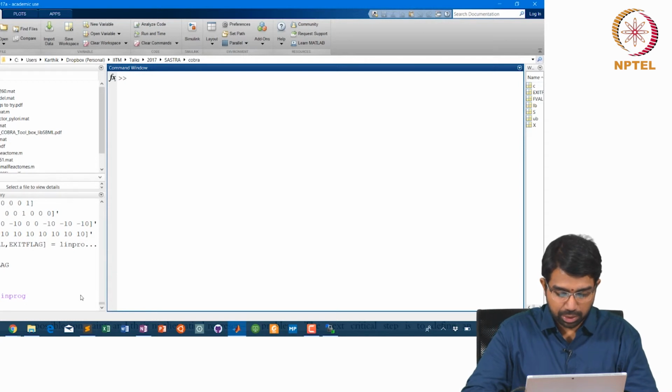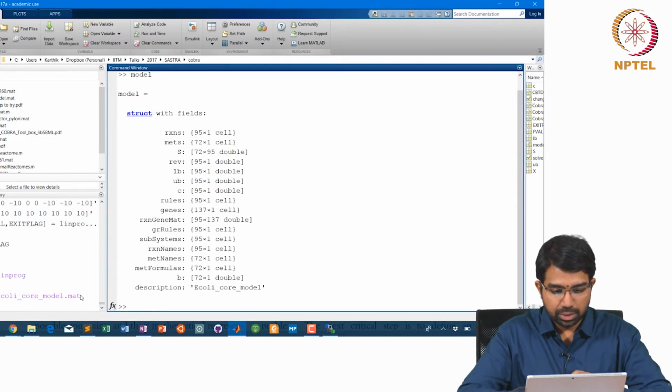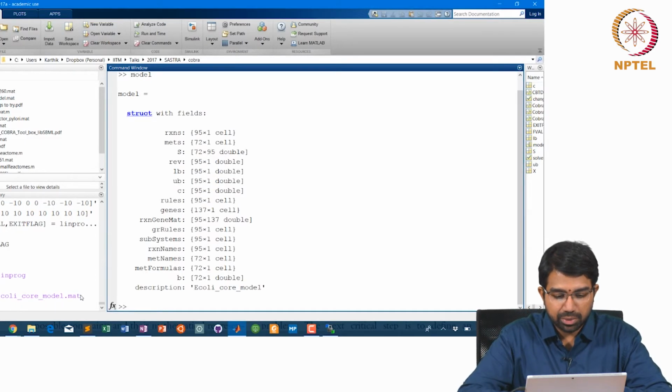So how does the model look? The model is a MATLAB structure with several fields. You can make sense of most of them. rxns stands for reaction IDs, mets stands for metabolite IDs, essentially the internal naming of the metabolites.